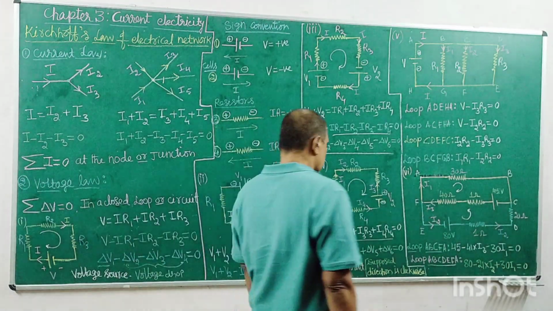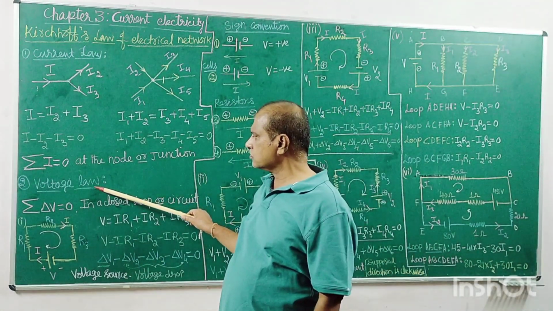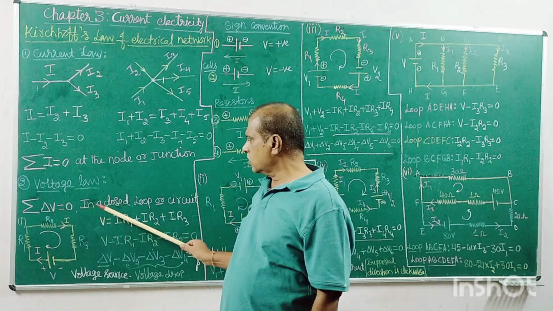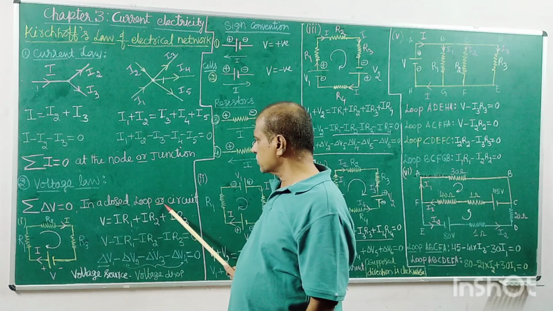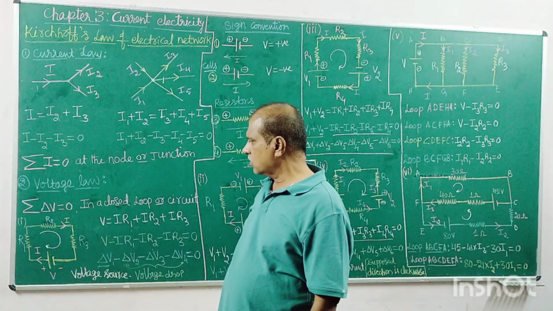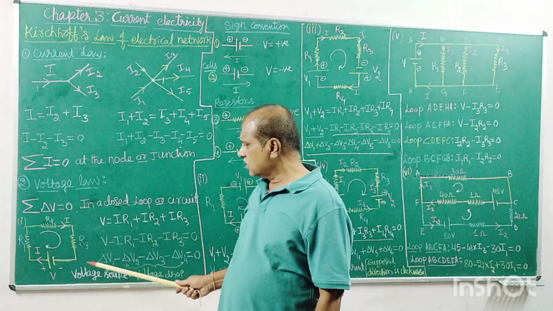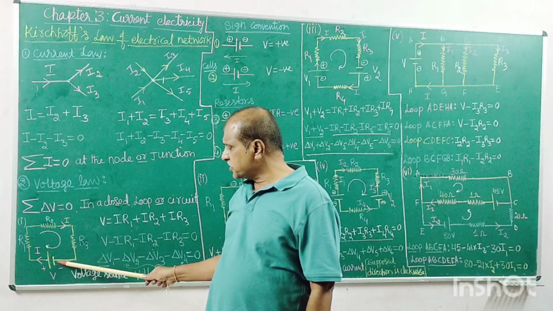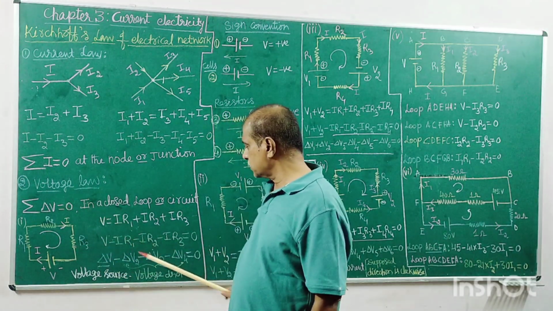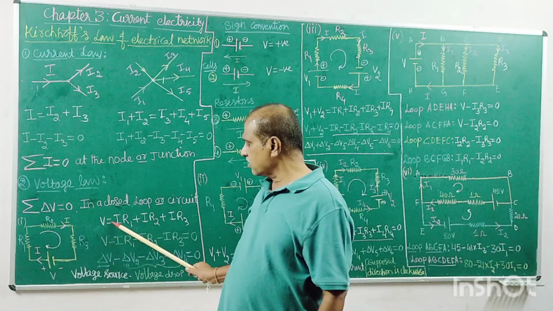So Kirchhoff's second law says that summation delta V equals 0 in a closed loop or circuit. That is, in a closed loop, the sum of all the potential changes equals 0, in terms of potential rise and potential drop.